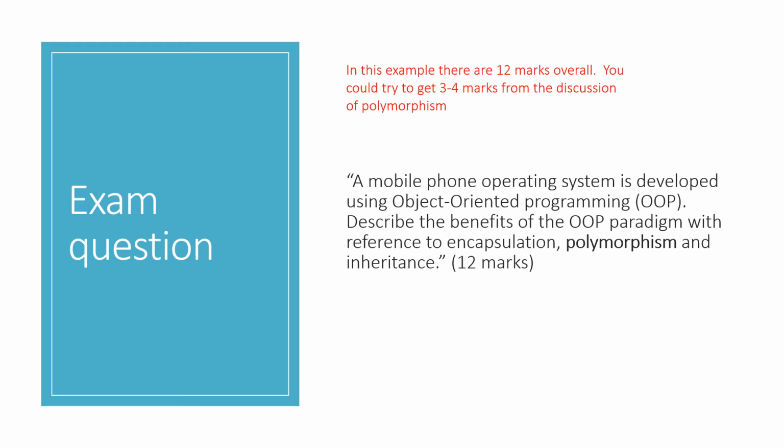Now let's try and get 3 or 4 marks talking about polymorphism. Here's my checklist. We have to show that we've got understanding, that is to explain the meaning of the technical terms used. We have to apply it to this case, the creation of a mobile phone operating system, and write a short amount on the benefits of polymorphism.